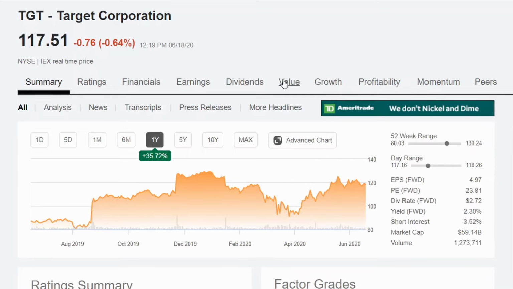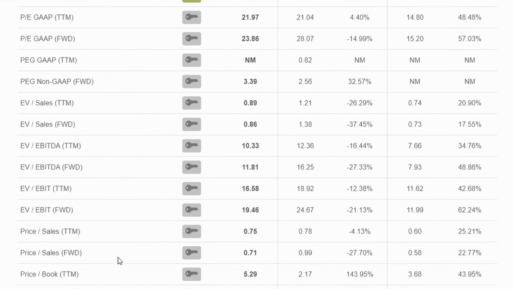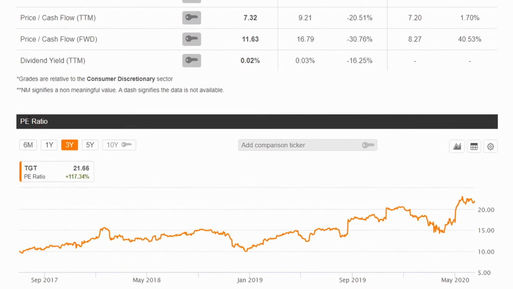So we're going to go over to the Value tab, and if we scroll down, we're going to go to Target's PE ratio. So this is showing Target's historic PE ratios for every single day for the past 3 years. And you can see right now, it looks like it's a little overextended.